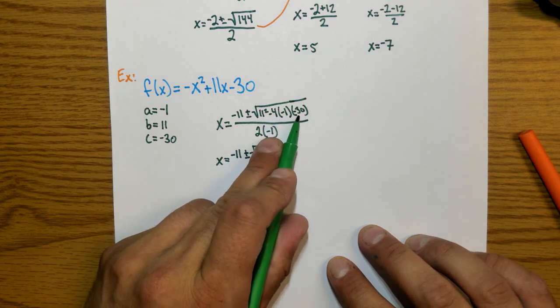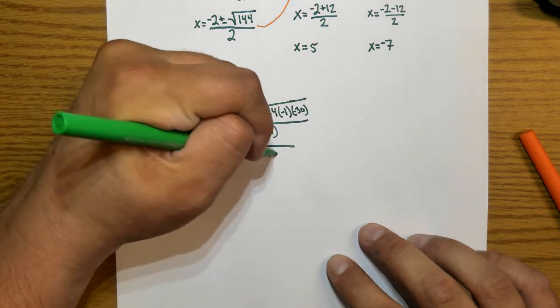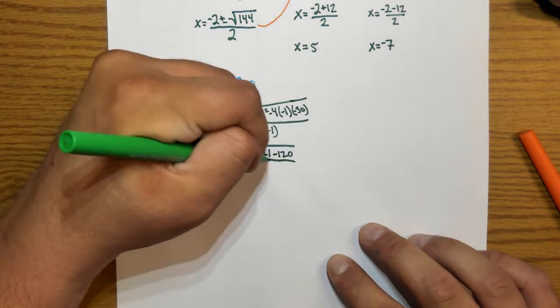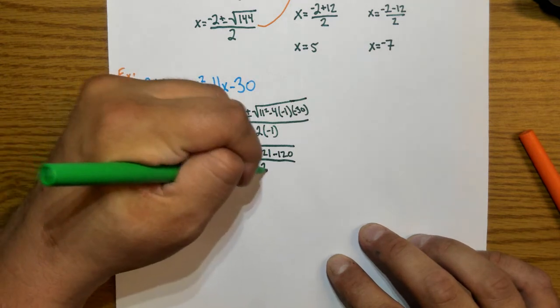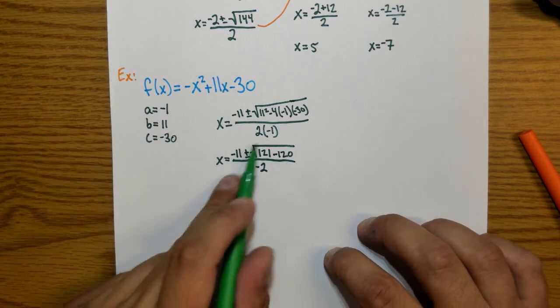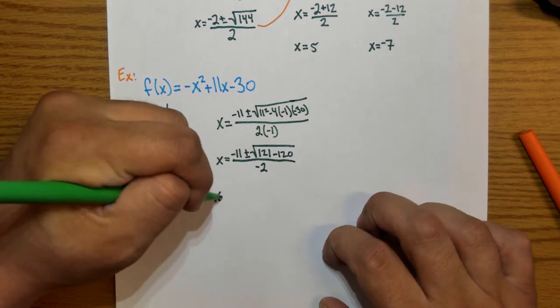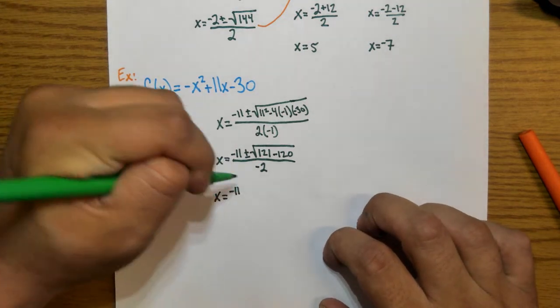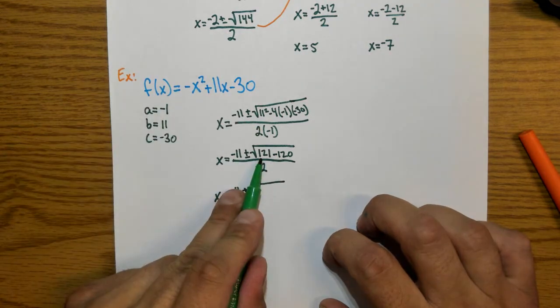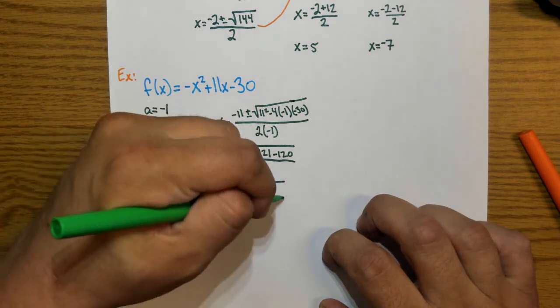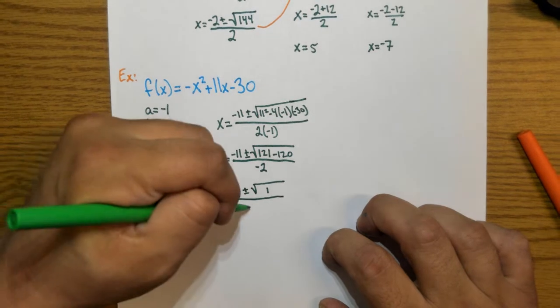Positive 4 times negative 30 is negative 120. All divided by 2 times negative 1. So that's negative 2. We'll continue simplifying under the square root here. So x equals negative 11 plus or minus square root of, well, 121 minus 120 is just 1, divided by negative 2.